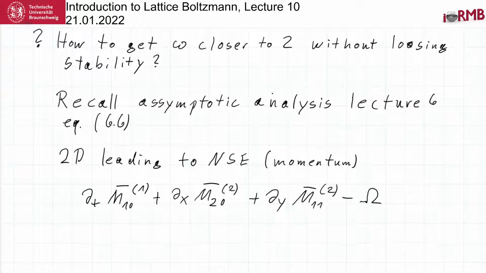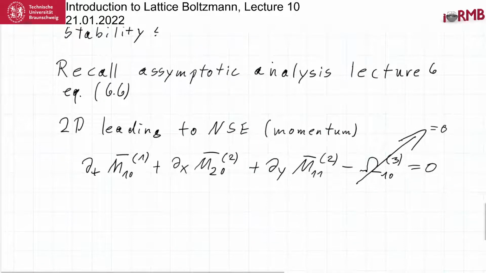And then there was this omega here, which we identified with the forcing term, and for this discussion now, we just assume that this forcing term will be ignored. We set this to 0.